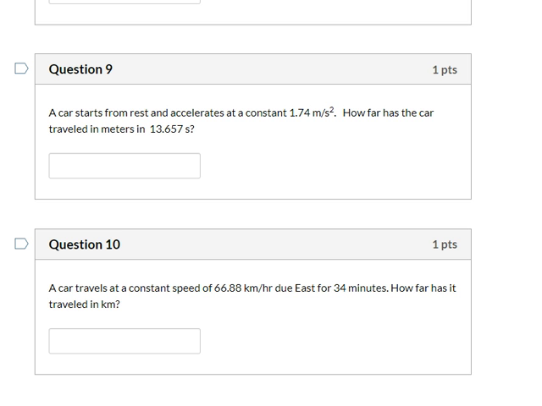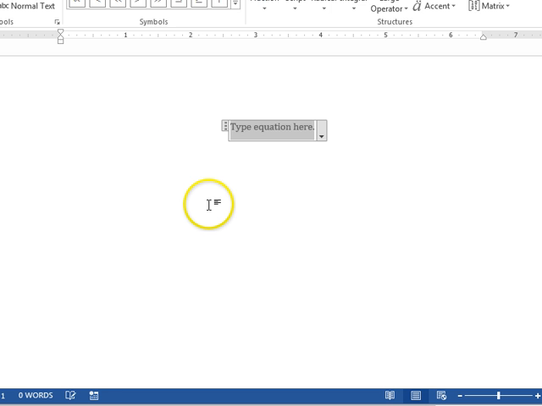So we have 66.88 kilometers per hour times 34 minutes. So I'm going to convert, how many minutes are there in an hour? An hour is 60 minutes. Now the minutes cancel out, the hours cancel out, and we're left with the distance the car travels in kilometers.